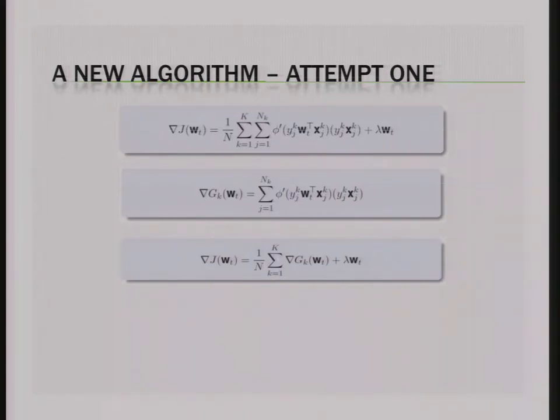The question is, every time each of the parties sends its gradients to the third party, these have to be private. So will it be possible if each party, when it is asked for the gradient at w_t, adds some noise, say rho_tk, where k corresponds to the kth party and t corresponds to the tth iteration, which is proportional to and preserves the privacy of the gradients? This seems to solve the problem.